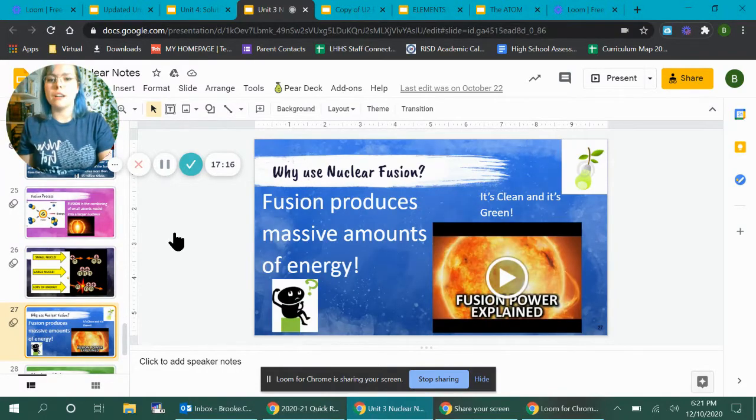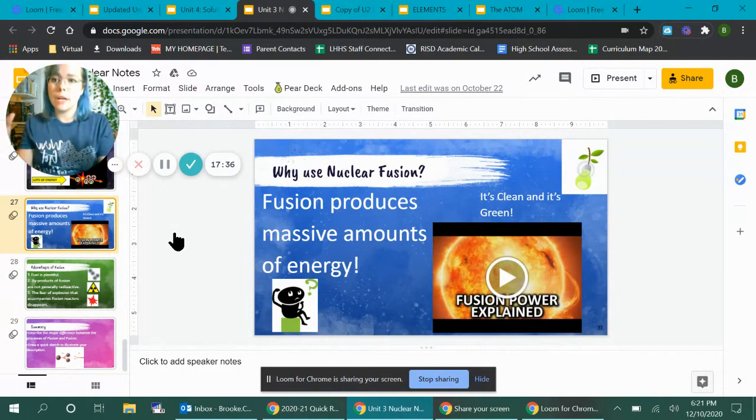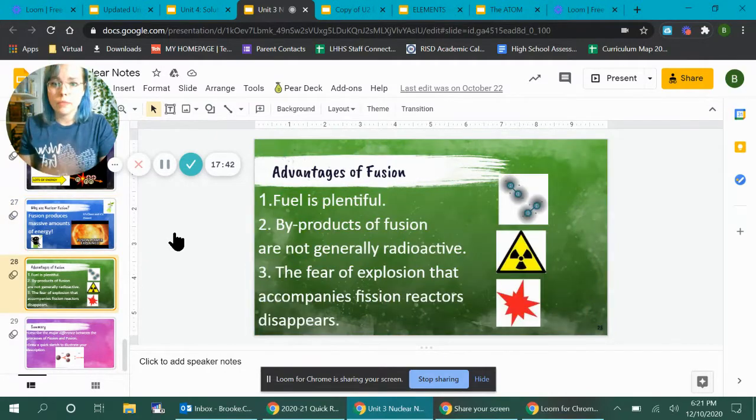But because of the whole process, it's hard to keep going without a super high temperature. We can't really use it for clean power because of how much energy input it requires to keep the reaction going. They're working on it. We'll see if it happens one day, but unlikely. So fission is breaking, fusion is putting together. Both cause energy. Fission is the one that we use here on Earth.